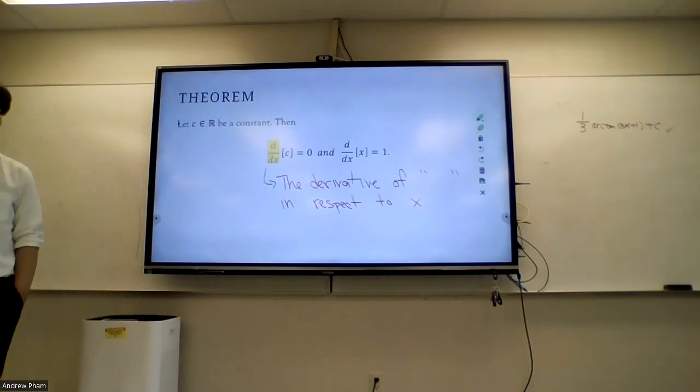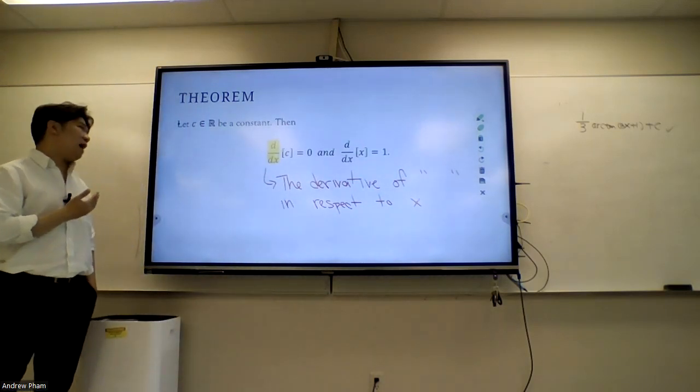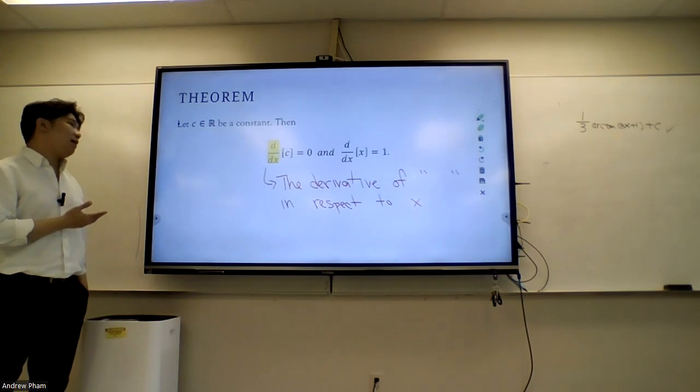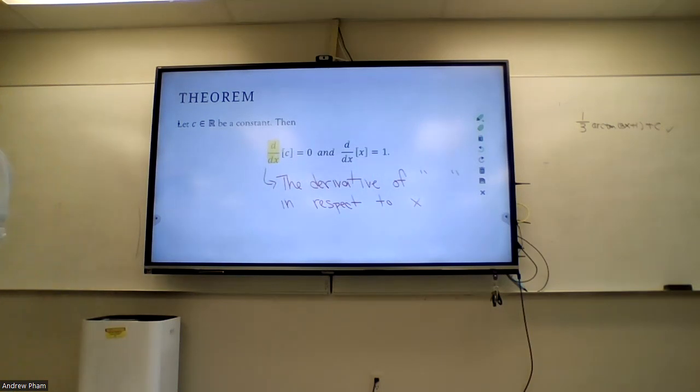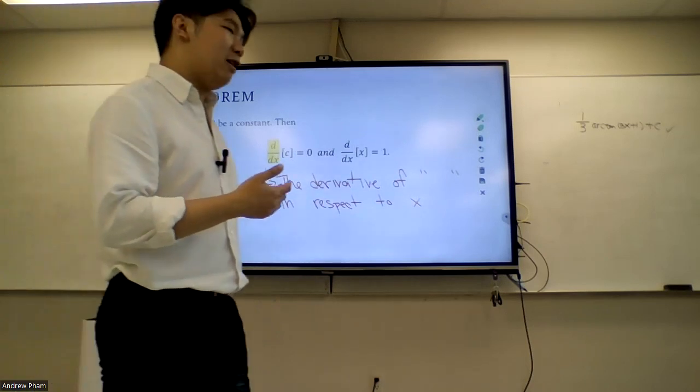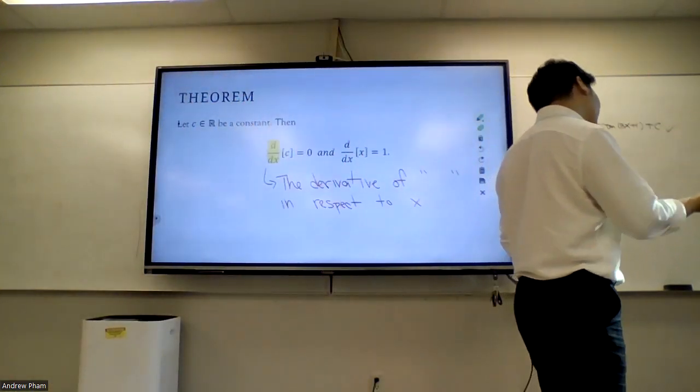So if I read this first one, d dx of c, this is saying the derivative of my constant c in respect to x. Or often you're just going to hear me say the derivative of whatever.